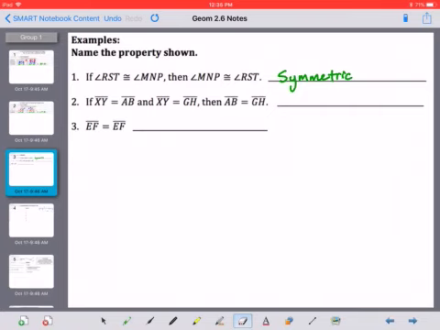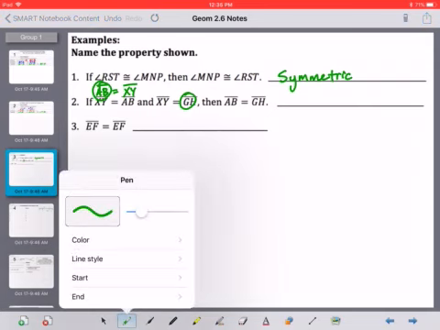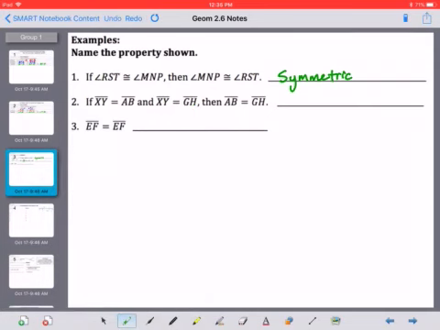I know it's a little bit out of order, but we can rewrite this first part as AB is equal to XY, so we can flip-flop that. And then they're just saying this is equal to this since they're both equal to XY. Well, that is that transitive property that we talked about. And lastly, segment EF is equal to segment EF. That's that reflexive property.